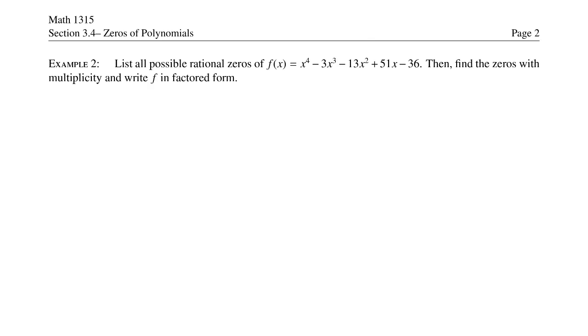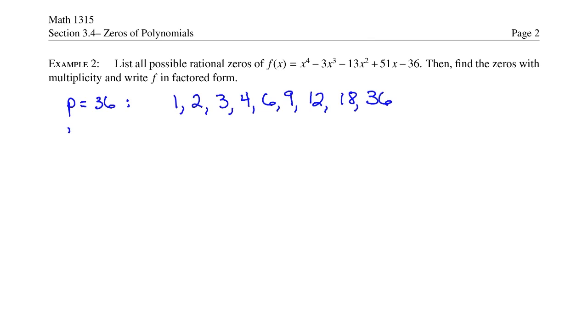So we'll start by finding the possible rational roots again. So we'll have p over q. And the p, I can write out what the p is equal to, or at least the base number. The p is 36, and so that factors as 1, 2, 3, 4, 6, 9, 12, 18, and 36.